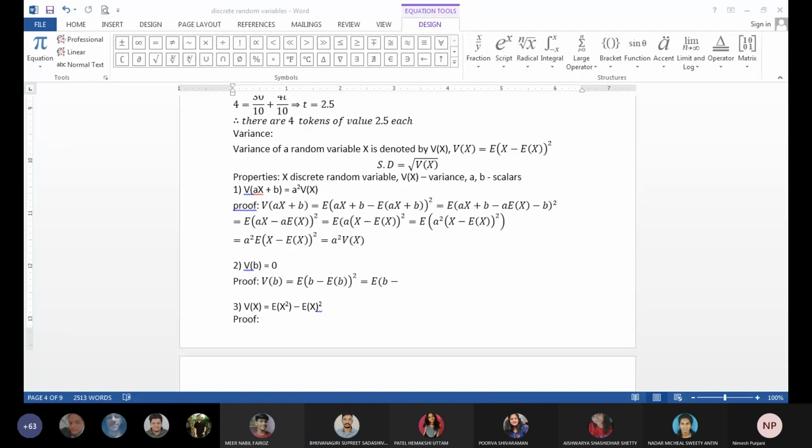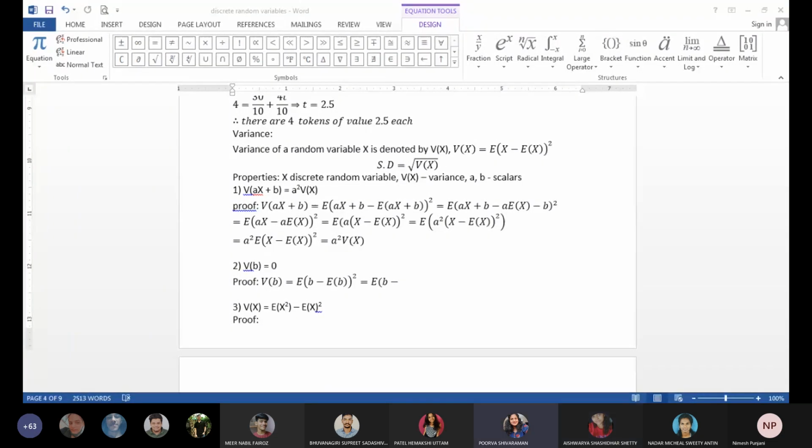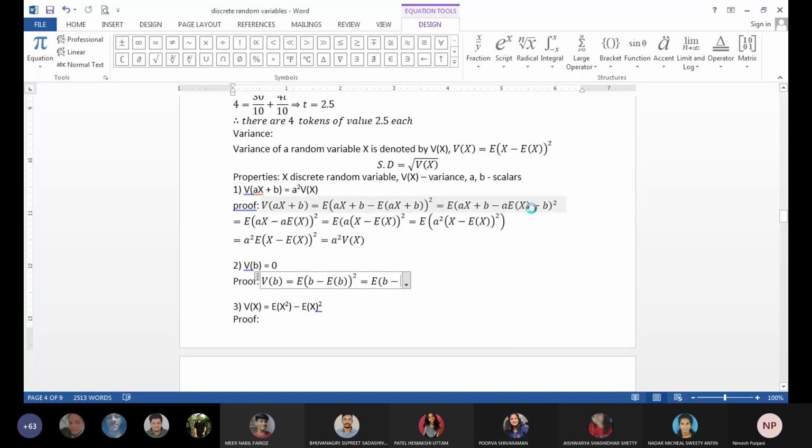It will be b. So it is b minus b the whole square, which cancels and becomes 0. So you get expected value of 0, and expected value of 0 is 0.